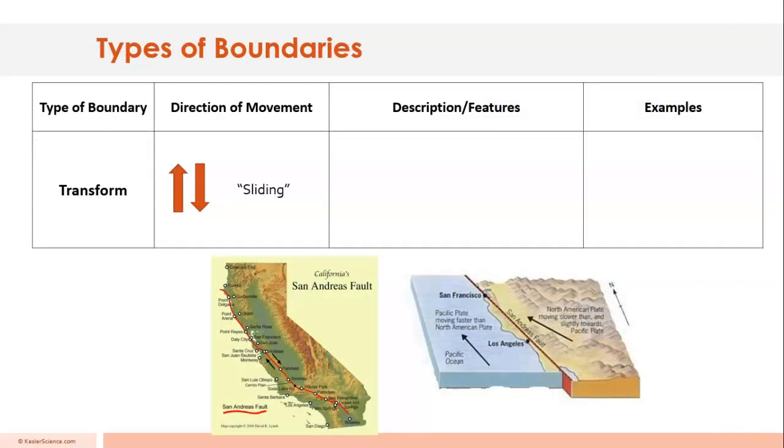So again, we're going to fill in our chart here about transform boundaries, but you can also see underneath the chart, we've got a map of California that shows, the red line shows where the San Andreas Fault is located. And you can also see how these plates are moving. It's why California has so many earthquakes, because of the San Andreas Fault and because those plates are slipping and sliding there.